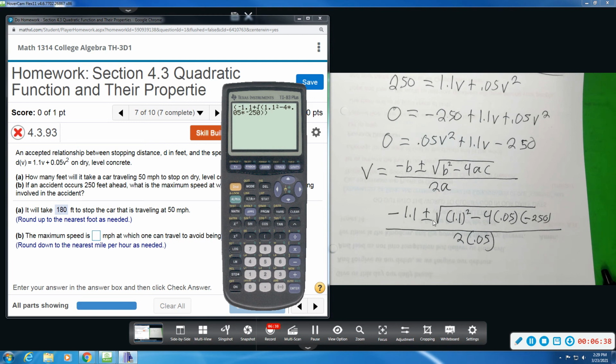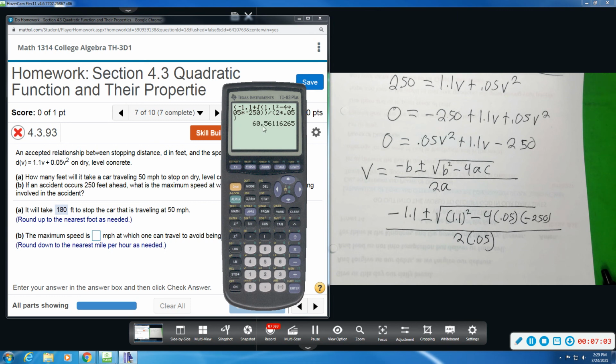So that's the numerator, that's this whole top part. Now I have to do divided by, and I'm going to put the whole bottom in parentheses. So it's going to be 2 times 0.05, and then close parentheses. So this is it. Double check, make sure you typed everything in correctly, and enter.